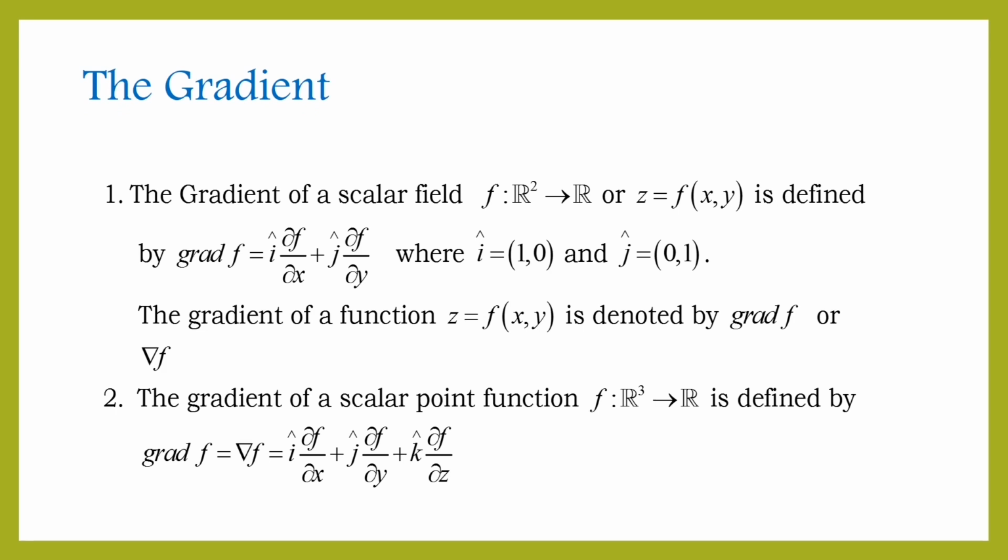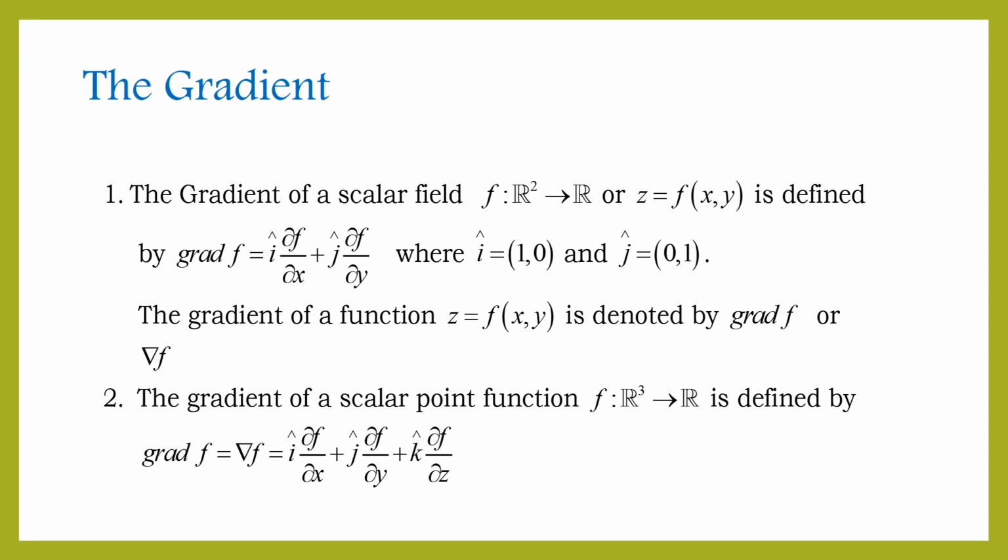Now, let us consider the next case, a function from R3 to the real line R. This function is a scalar point function defined on the three-dimensional Euclidean space R3. We know this function has three partial derivatives, ∂/∂x, ∂/∂y and ∂/∂z.